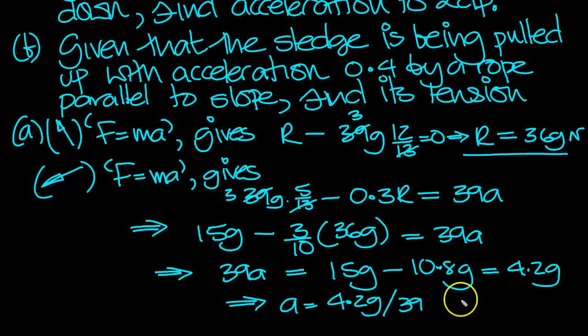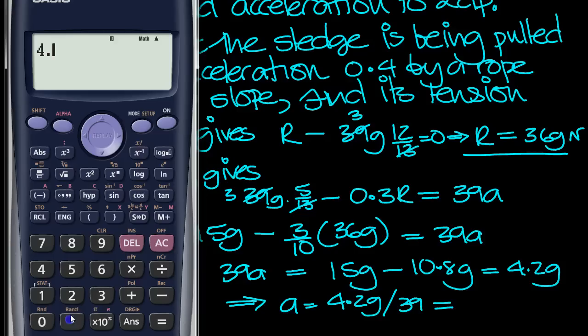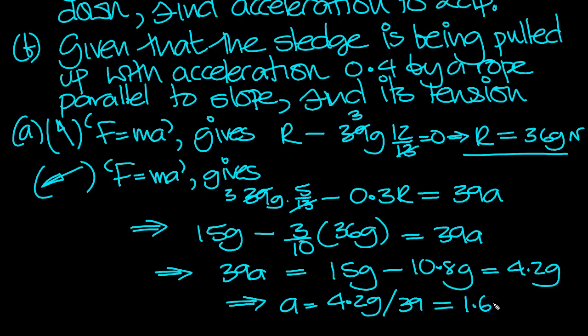Move the 39 from times to divide. So let's tap that in the calculator then. 4.2 times 9.8 divided by 39. We need it to 2 decimal places, 1.06 meters per second squared to 2 decimal places. Okay, that's part A done.